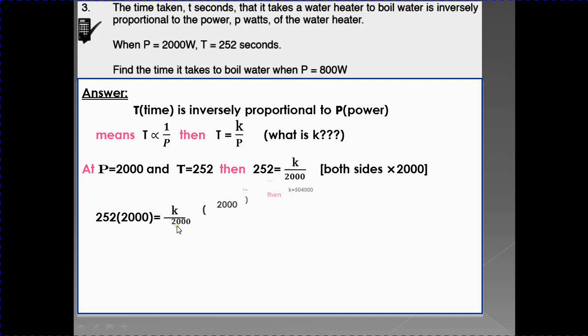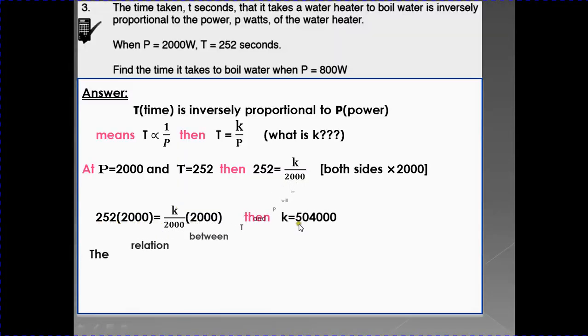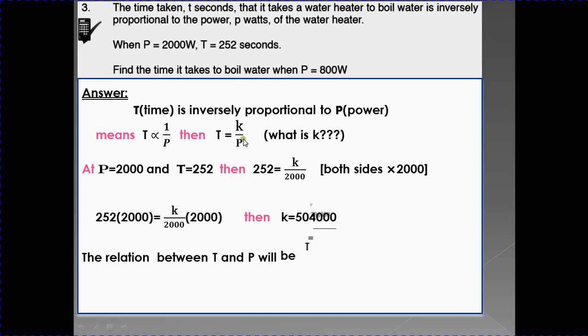You see, here is 2000 down, then 2000 up. You can cancel them. Then it will be k equals the multiplication of 252 by 2000. It will be 504,000. Then the relation between t and P will be t equals the value of k, 504,000 over P. Then he asked about the time when the power equals 800 watts.